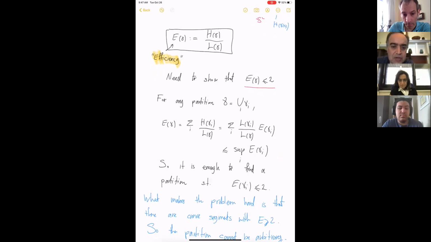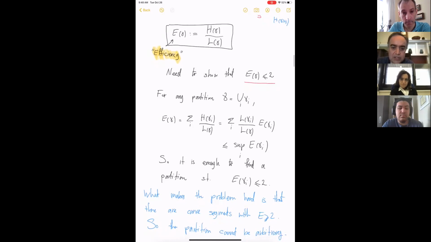And so you can rewrite the sum as the length of each segment over the total length times the efficiency of each segment. And these coefficients add up to 1. So the efficiency of any curve is bounded above by the efficiency of each subsegment. So this means that it's enough to find a partition so that the efficiency of each subsegment is bounded above by 2.